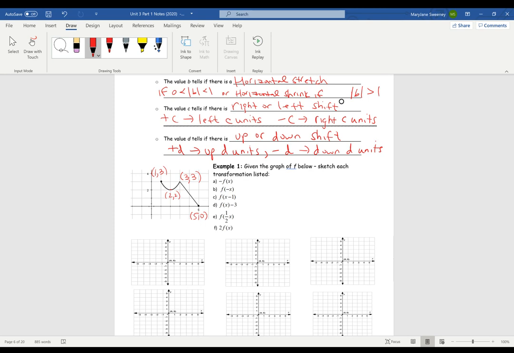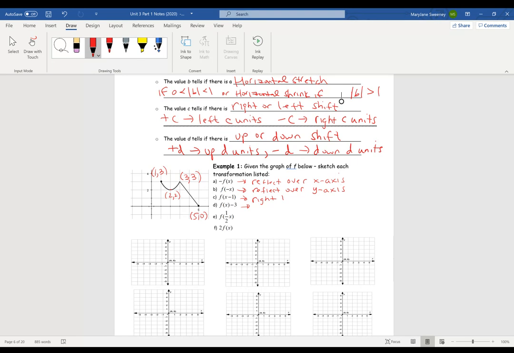So if we graph the given transformations, this would be a reflect over x-axis because the f of x, the y, is negated. If they negate the x, then that's a reflect over y-axis. The -1 is a right one. So remember, that's kind of the one we think of as backwards.